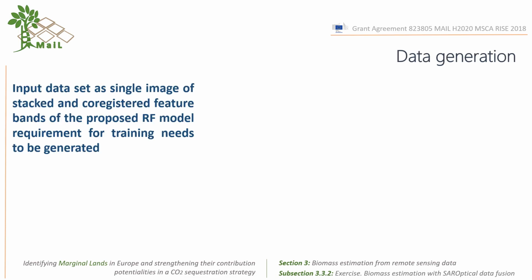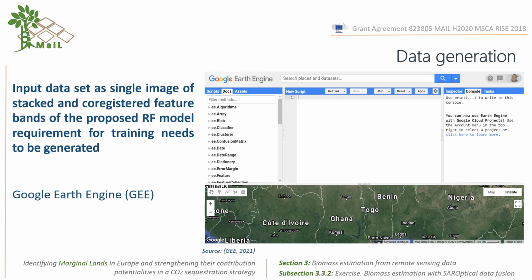The input data set are single images of stacked and co-registered feature bands. The input required for training the proposed random forest model needs to be generated, and platforms like Google Earth Engine can be used to access the various bands identified from the previous discussion for the study area that will be chosen, and also for loading test site data as an asset to generate a NumPy array for the random forest model.